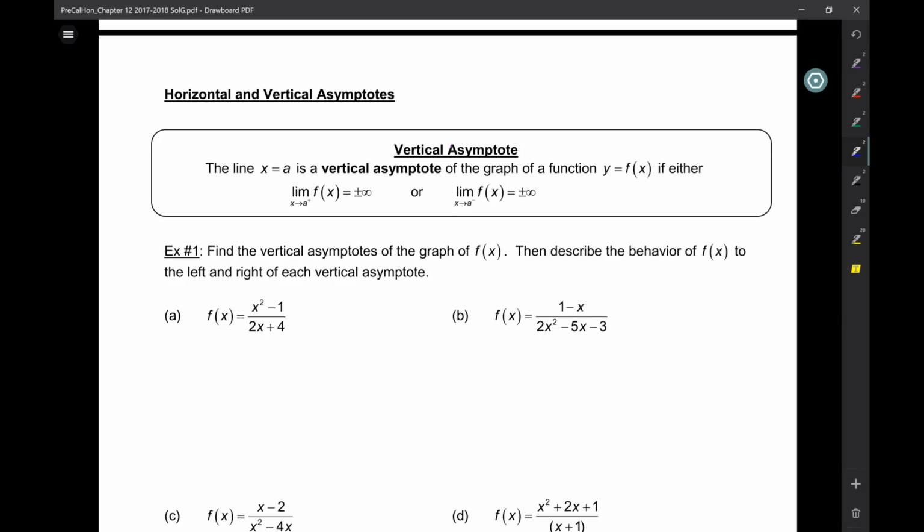Okay, so here's how we formally define vertical asymptotes. The line x equals a is a vertical asymptote of the graph of a function.